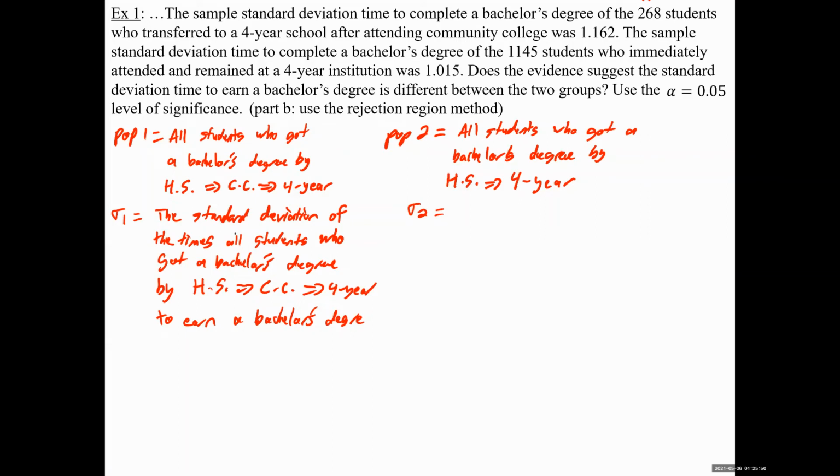Now, when I write sigma 2, I'm going to write the same thing, but this part here where I wrote the population, I'm just going to write the other population instead.